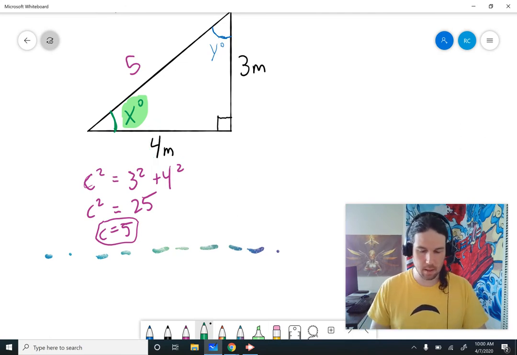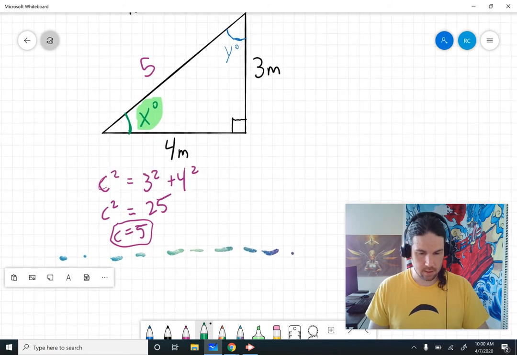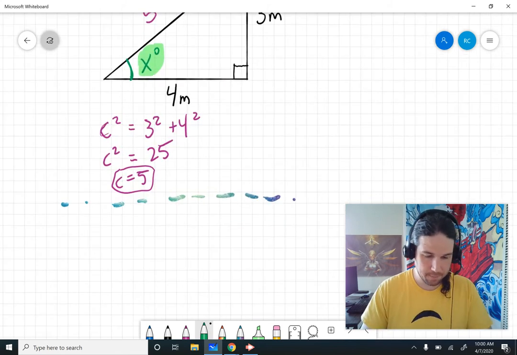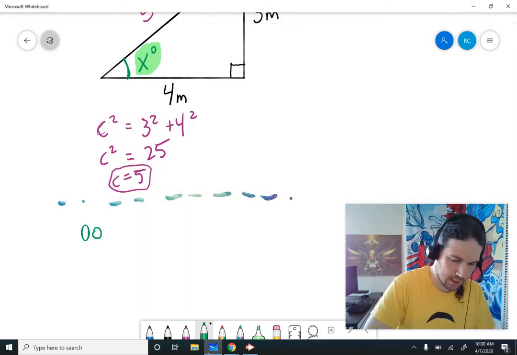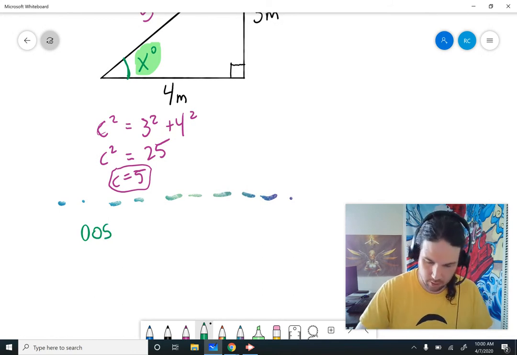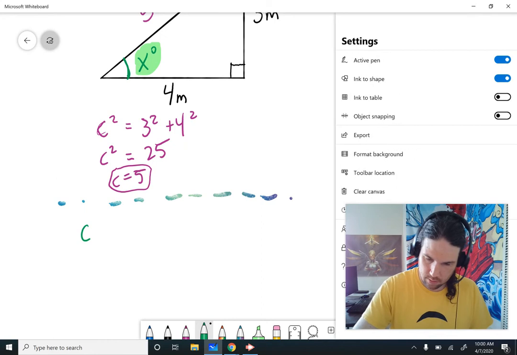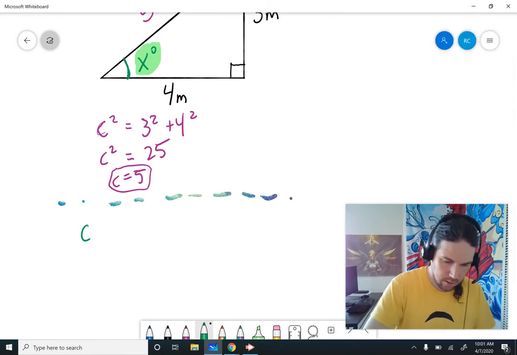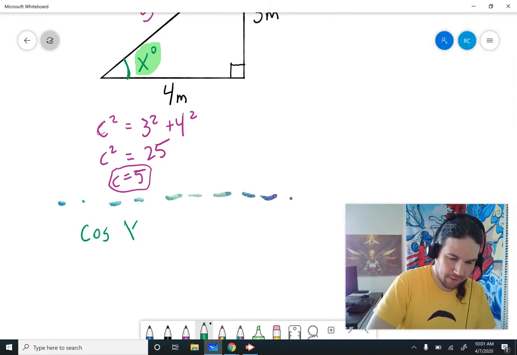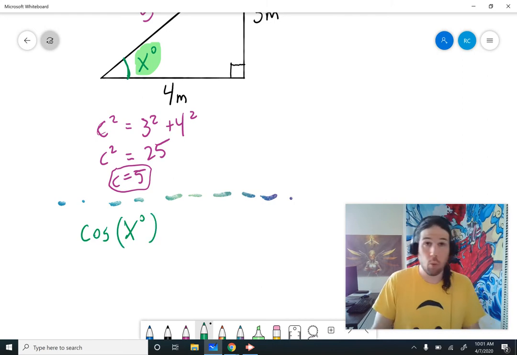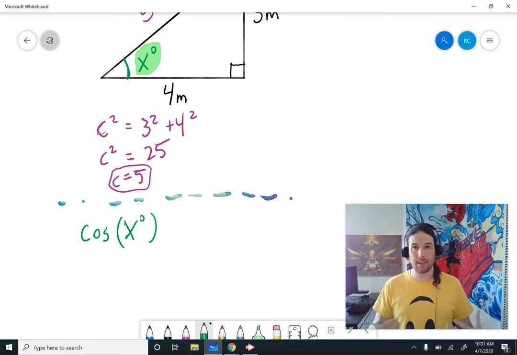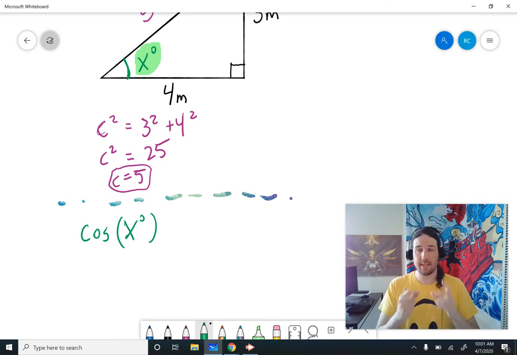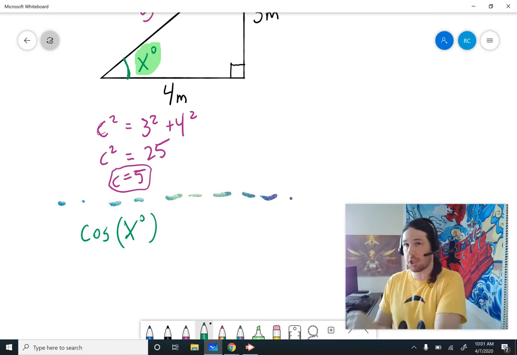So I could say that the cosine of x degrees, so I don't know what the angle is. Normally I know what the angle is, and I need to use cosine to find a ratio.